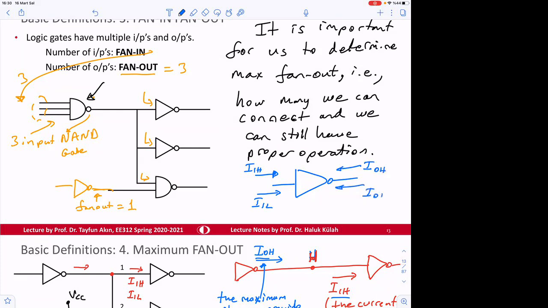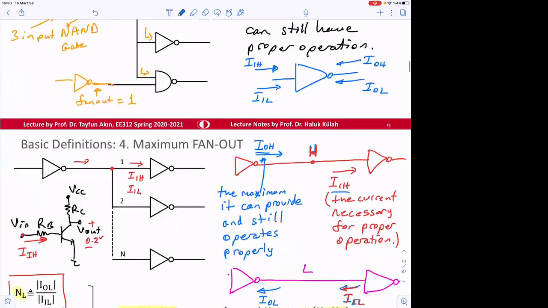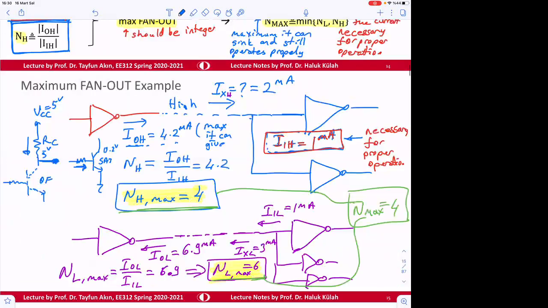I output low. Okay, so if you look at, for example, this value, I told you that output high is 4.2, right? But in the textbook or in the data sheet, this value, I output high, is given without defining the direction, because we know that direction is towards this device.